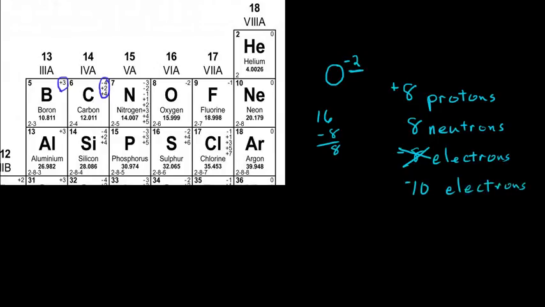Okay, and to check that, we can just do the math, and combine positive 8 and negative 10, and that gives you a negative 2 charge. Okay, we'll do one more that's a little bit trickier, and we'll do boron. So boron, and we can see here that a common ion is positive 3.